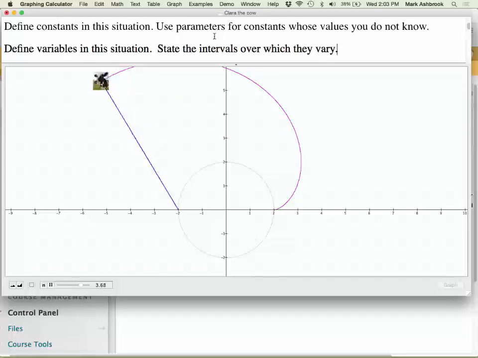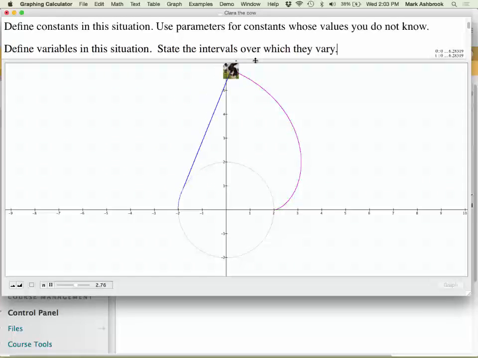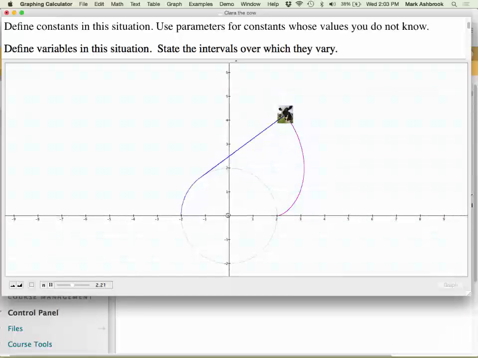Use parameters for the ones whose values you don't know. And then how many variables can you come up with? Okay, so yeah, you're going to discuss, but you have to be writing, okay? So writing, make a list for yourself.